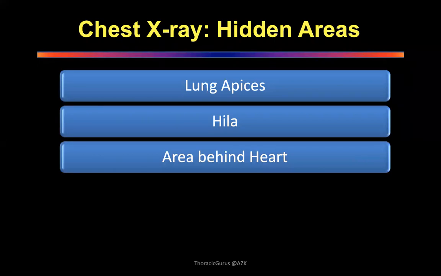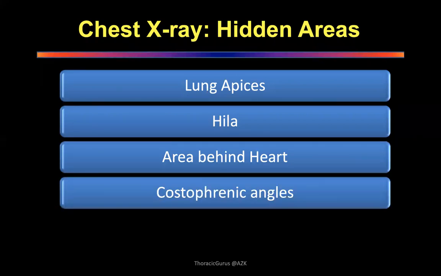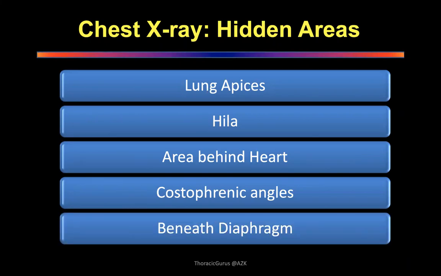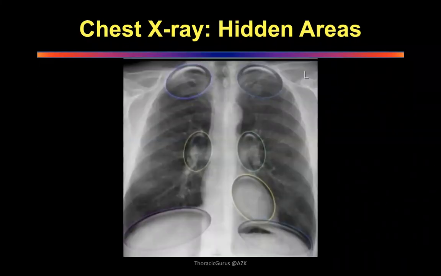Don't forget the area behind the heart. Very important. On a PA view, you will miss things behind the heart. Don't forget the costophrenic angles. It's deep inside down there, and sometimes a small lesion may lie in that angle and you might miss it. And don't forget to look below the diaphragm, okay? Very often people miss things below the diaphragm.